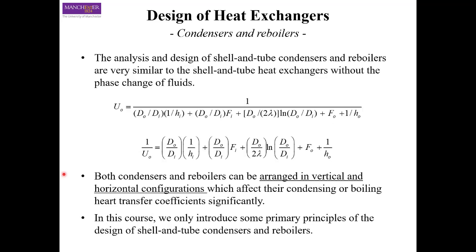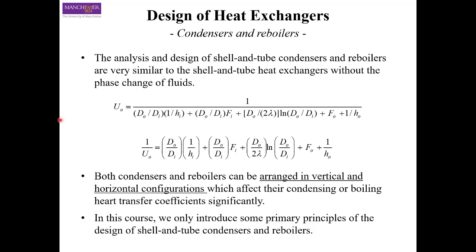In the previous lecture, we talked about design of shell and tube heat exchanger in quite detail. So the design of a shell and tube condenser and reboiler is more or less the same as design of a shell and tube heat exchanger without considering a phase change.